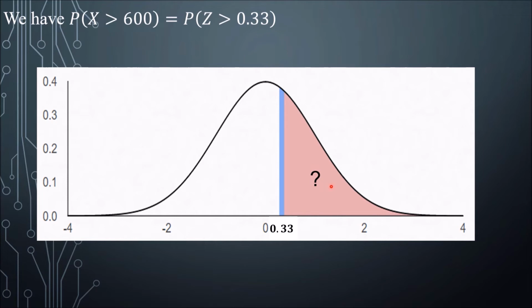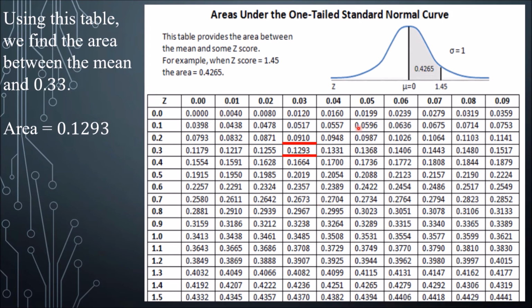The shaded part is to the right of 0.33 under the normal curve. Now we need to find this shaded part to solve the problem. Using again the table, we have 0.3 first, and then 0.03. Adding that, we have 0.33, and the intersection is 0.1293. So that's the area, 0.1293.